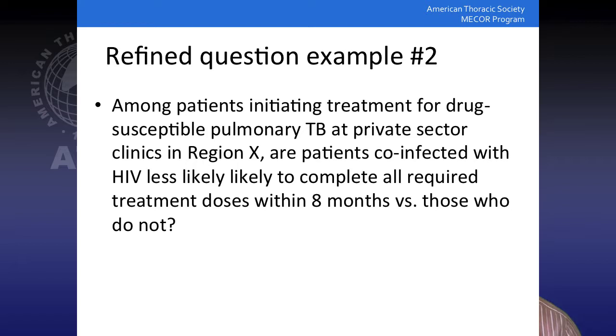The exposure is HIV infection, and the comparison is those who are HIV co-infected versus those who are not. And the outcome is, again, clearly defined and is the same as in the previous example. So again, this type of detail in the research question lets you and others know exactly what you're intending to study.